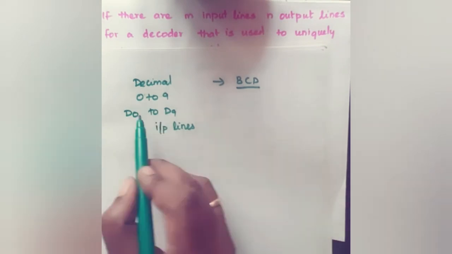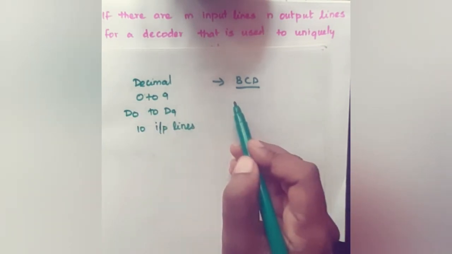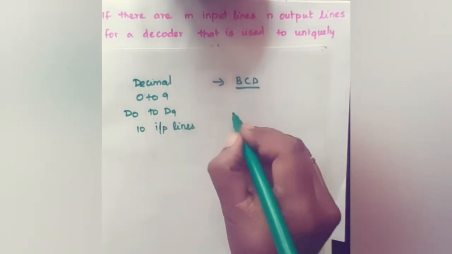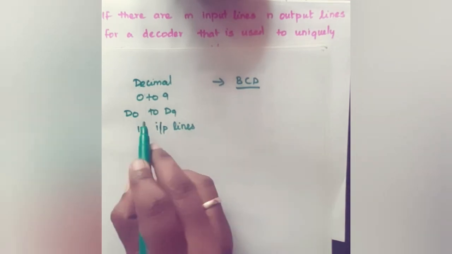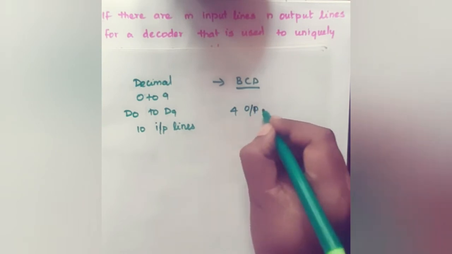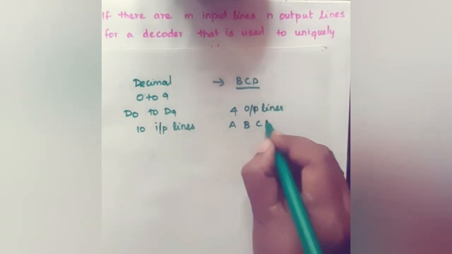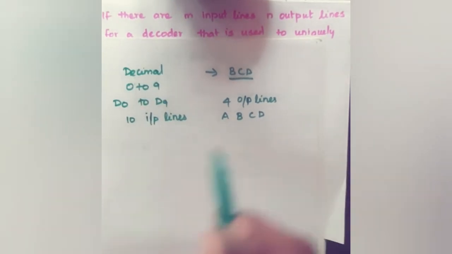In BCD, each decimal digit is represented by 4-bit binary, so there are 4 output lines, which we can represent as A, B, C, D.